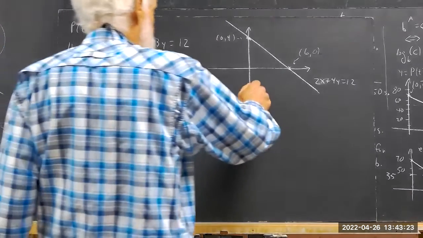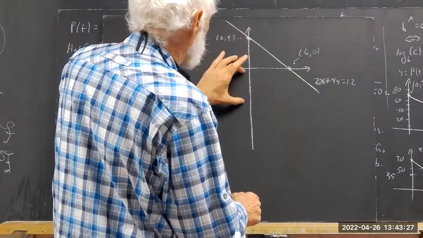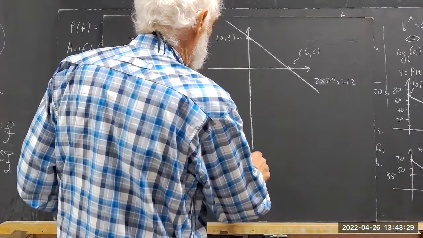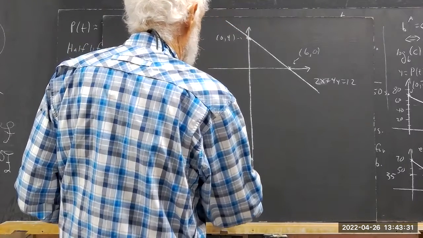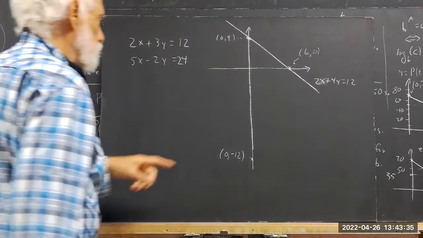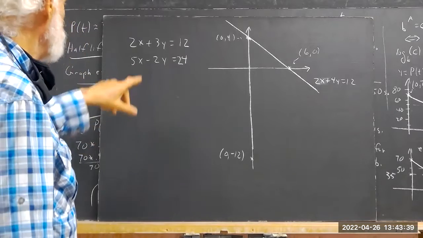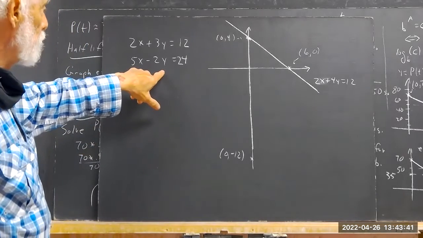So, okay, that means we bring the graph way down here. If that's 4, 8, 12, way down here, okay. So here is 0, -12, that's our y-intercept. Our x-intercept occurs when y equals 0.